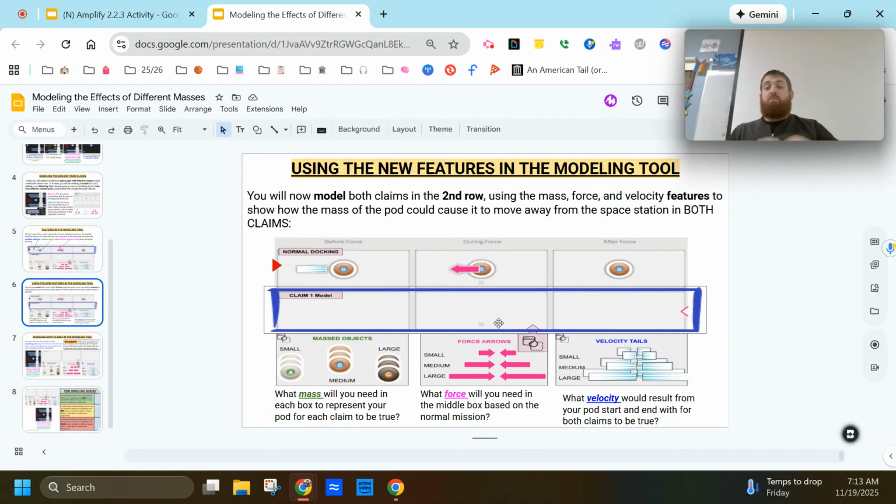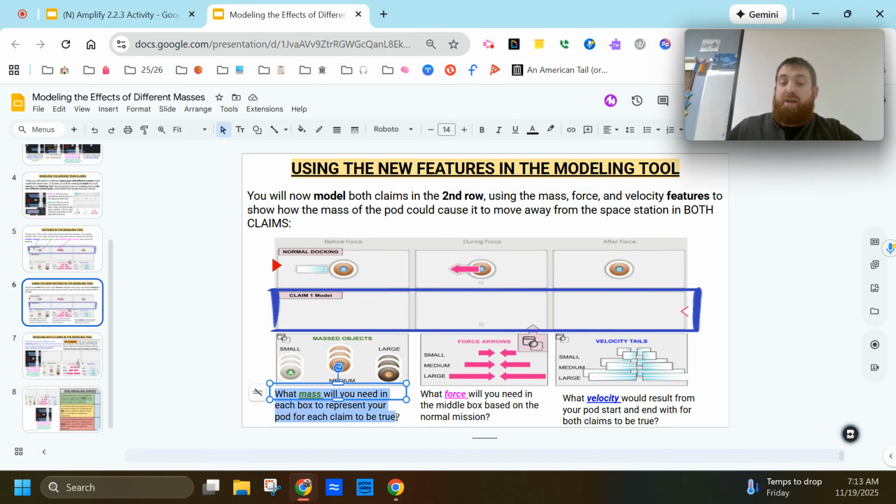Now remember, you're modeling both claims. So you're going to have to ask yourself for claim 1 and claim 2, what mass will you need in each box to represent our pod with too much asteroids or too little? What force will you need to use to represent that normal thruster force during the mission?